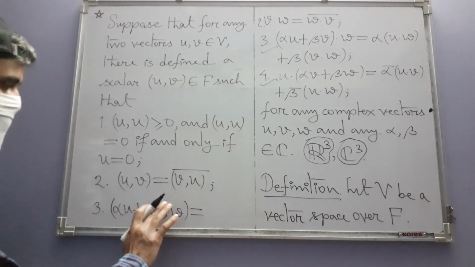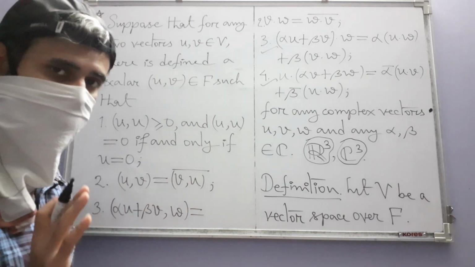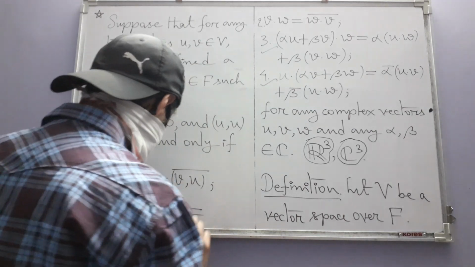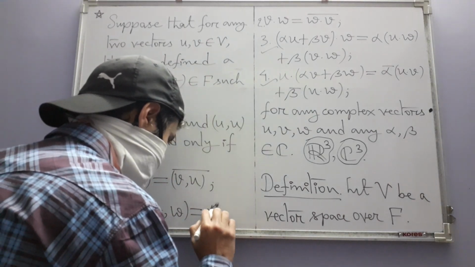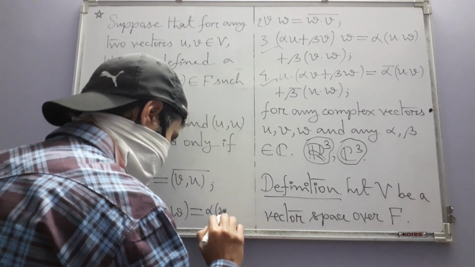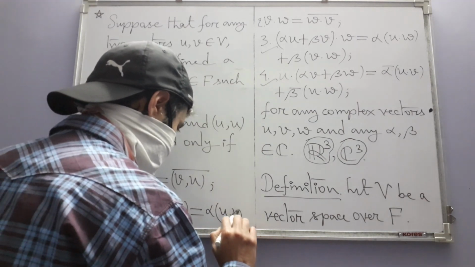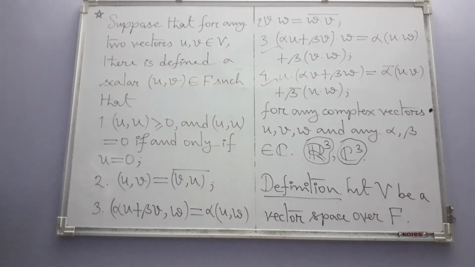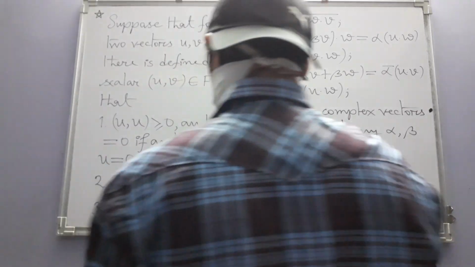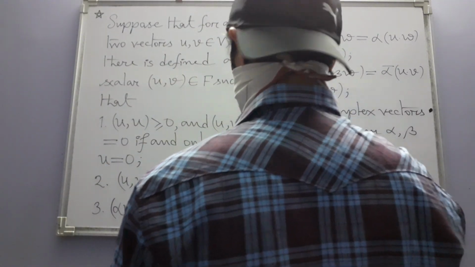We are not writing any dot or anything here. It equals alpha times u comma w plus beta times v comma w.